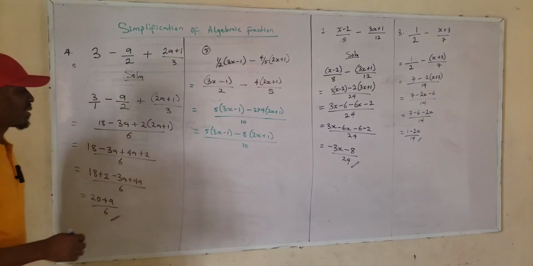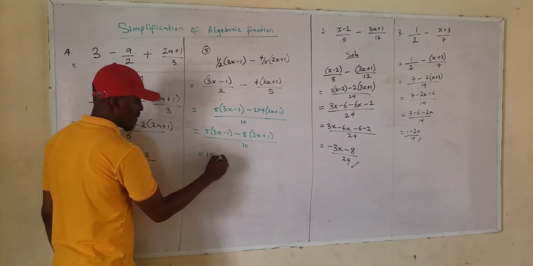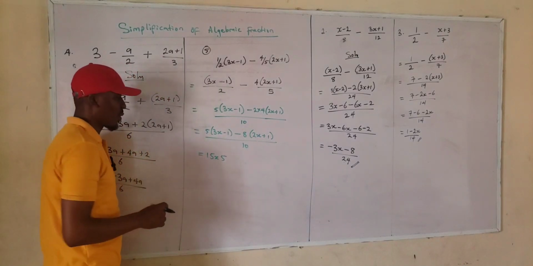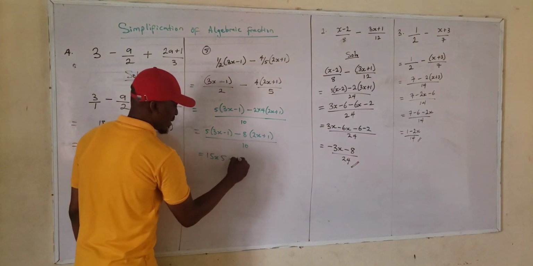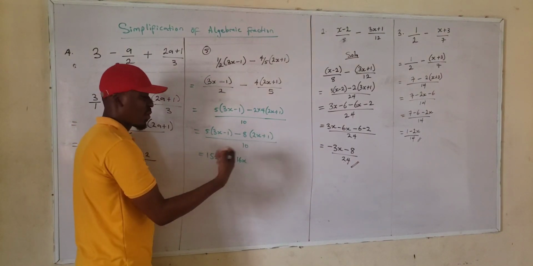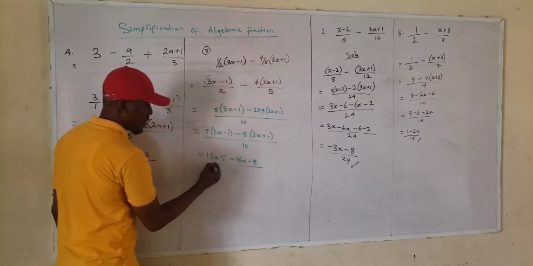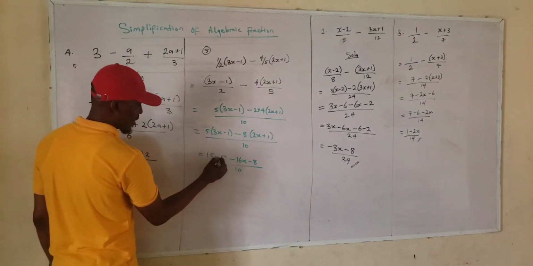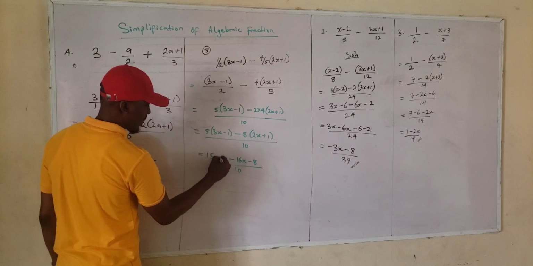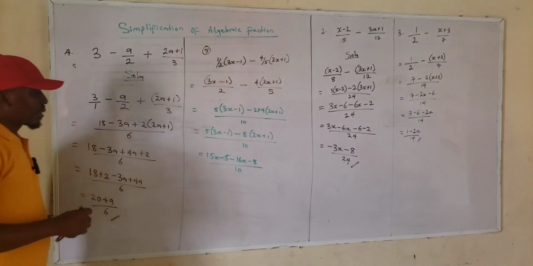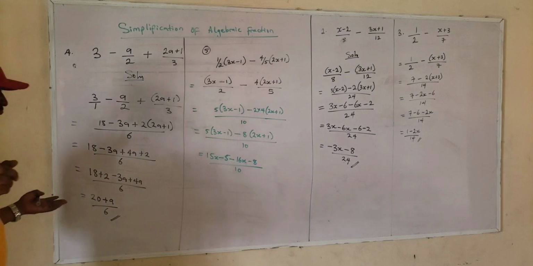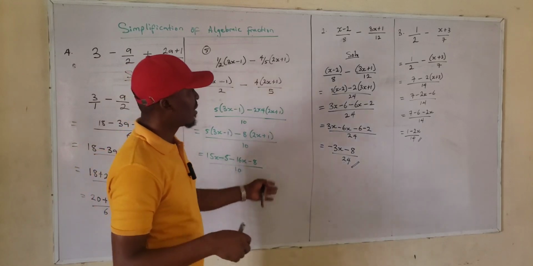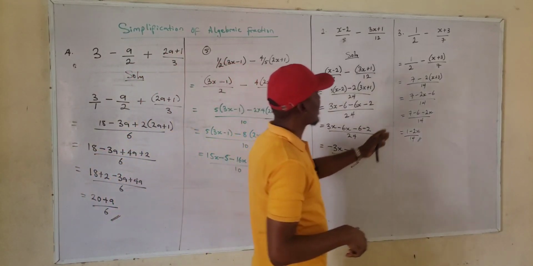So when you open that bracket, you are going to have 15x, sorry, minus 5, okay, minus 16x, this and this will give you minus 8 over 10. I hope you are following. Okay. Oh, there's a little mistake there. I'm supposed to have minus 5. Okay, so what's the next thing? I guess you can be able to say that, okay? Because what we have been solving is not different from what we have here, is not different from what we have here.